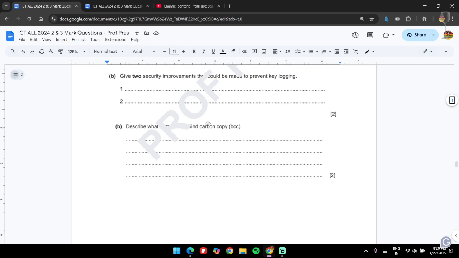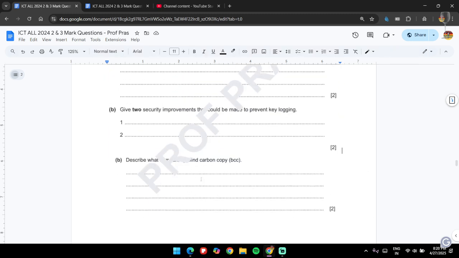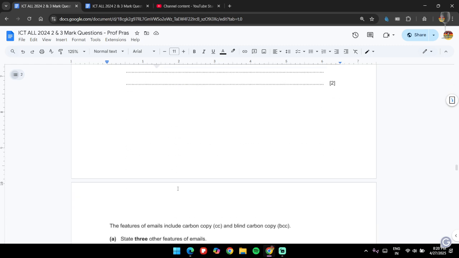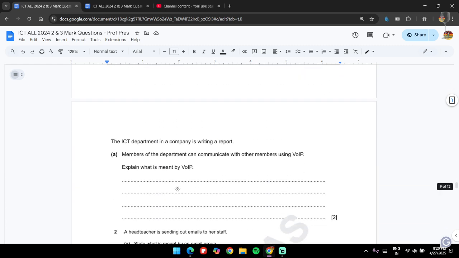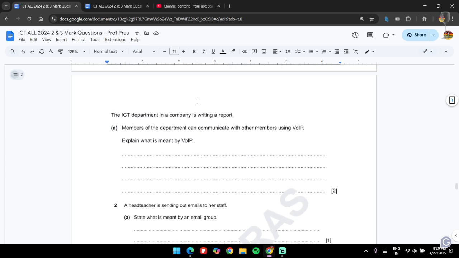Describe what is meant by blind carbon copy. If you have seen the recent 2024 papers, there was something like email group and blind carbon copy. This is, I think, a 2020 May-June paper. Soon after the May-June paper, the October-November paper asked about this.